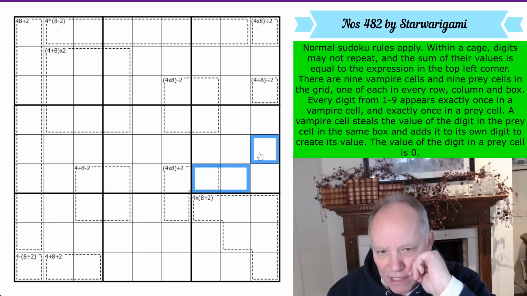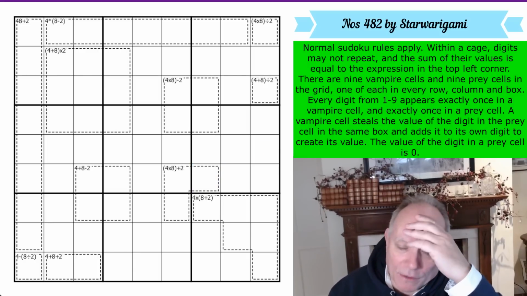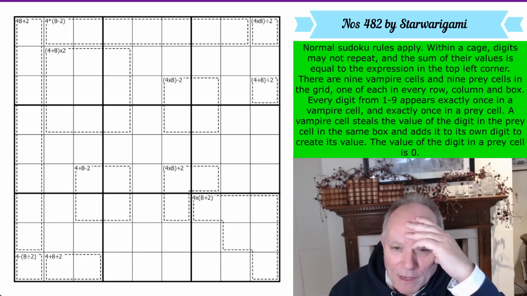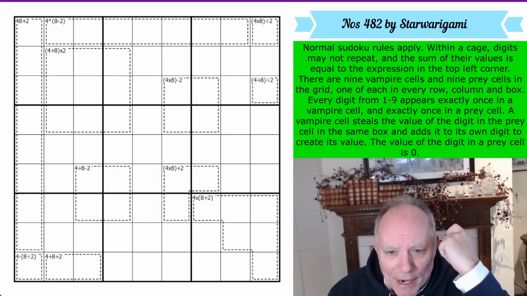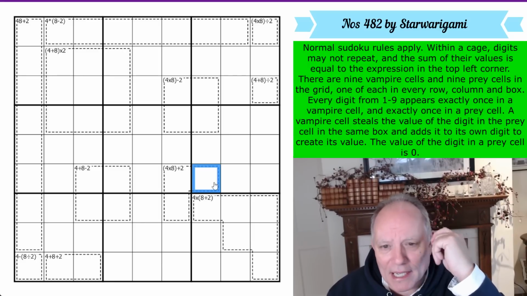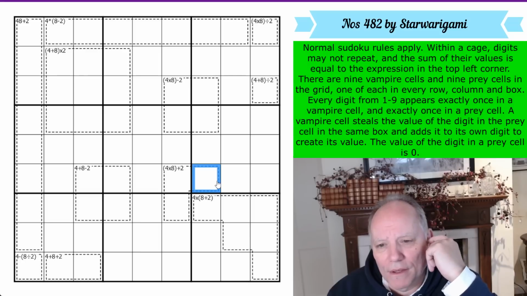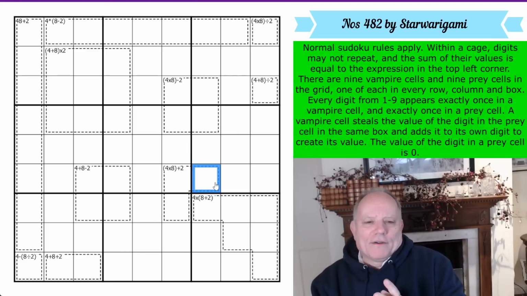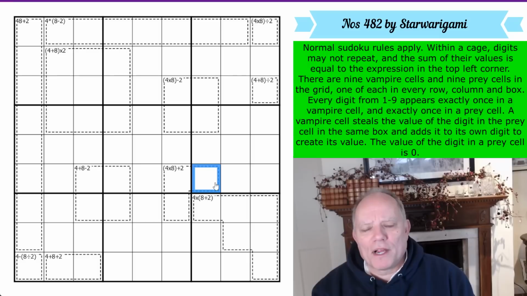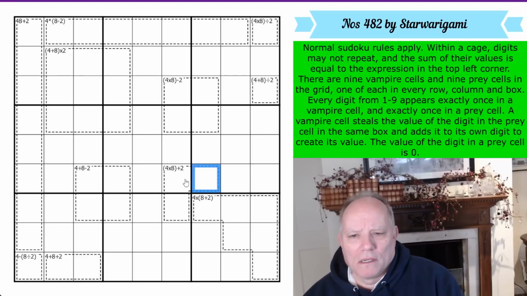That's what I think this is saying. I have done a puzzle with vampire cells before. I think Simon's done one as well. I didn't actually get to the rule where it said that, but I had read it. The value of the digits in a prey cell is 0. So the vampire is kind of sucking the lifeblood out of the prey cell in the same box.